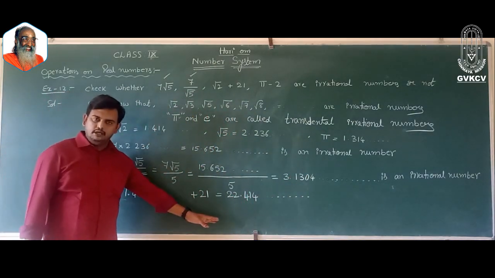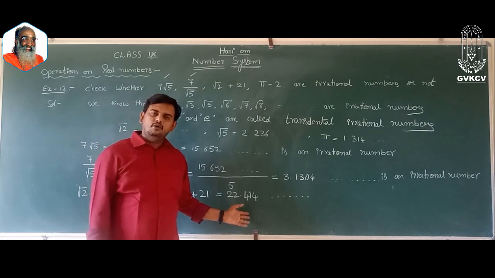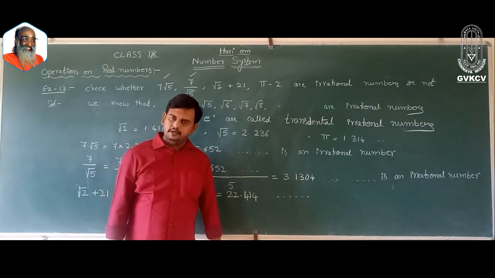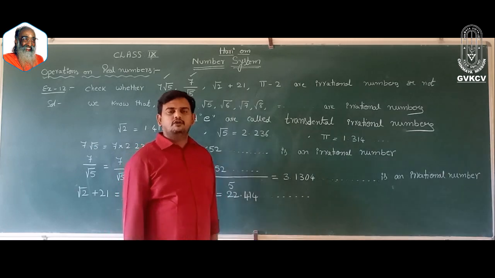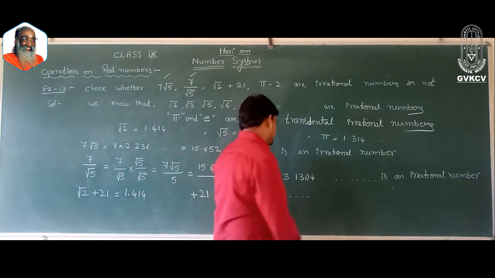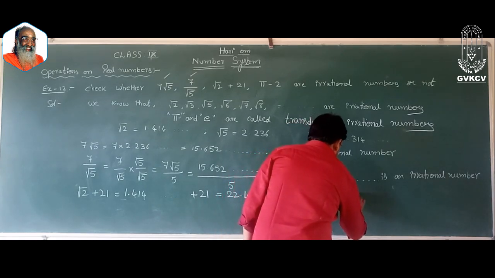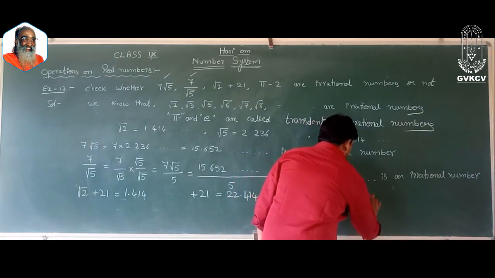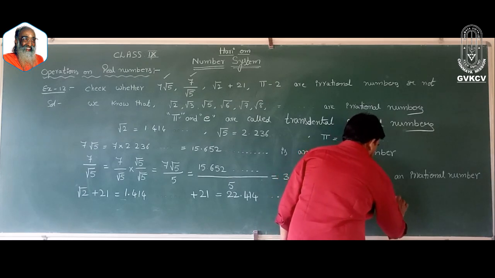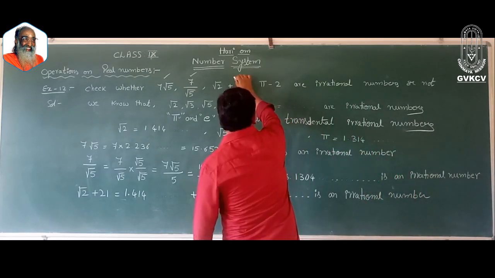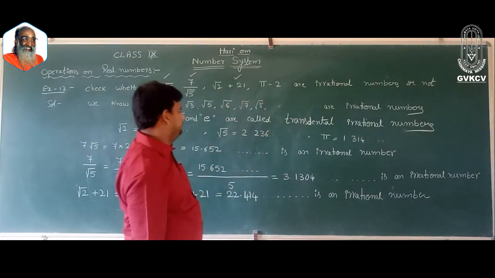Again, if you observe it, it is also non-terminating and non-recurring decimal. So finally, it is called an irrational number.